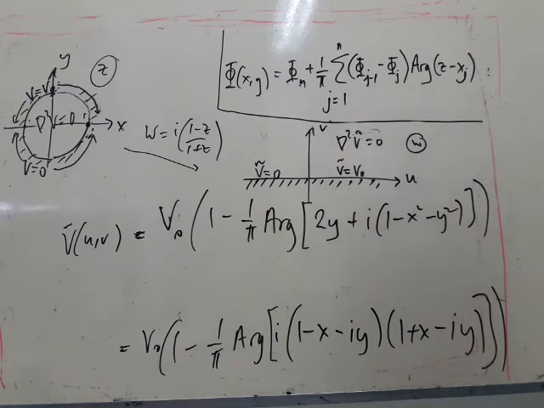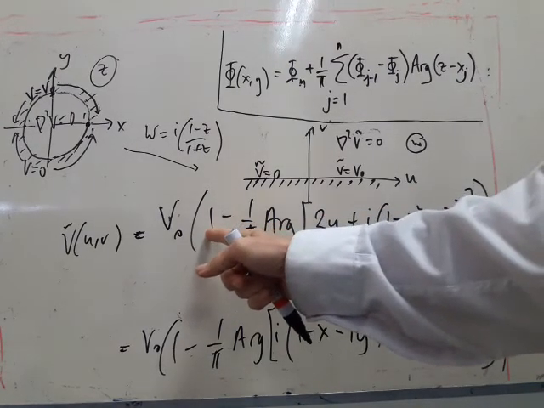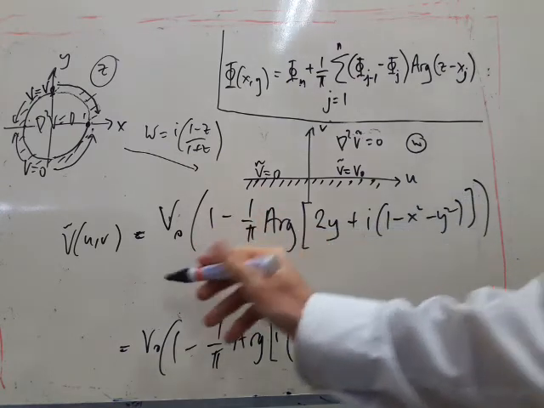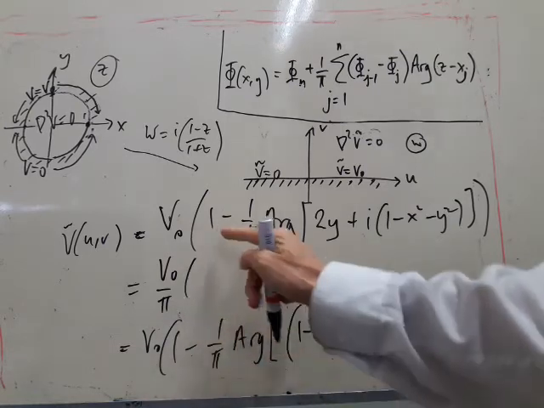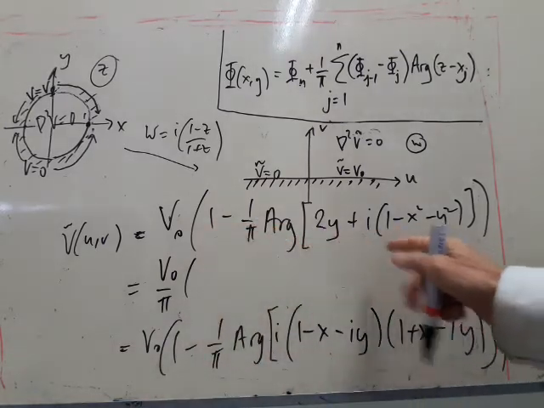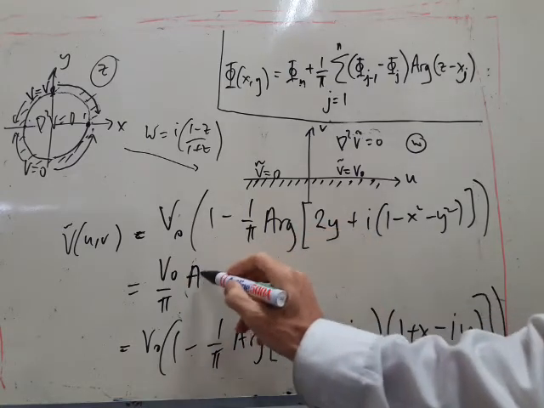And finally, I can use the trick that I can take out a factor of pi, and this is then pi minus arg of this, which is the same as the argument with this change to a minus sign.